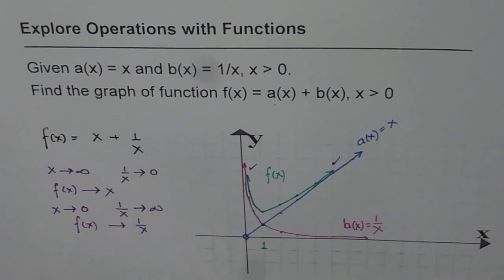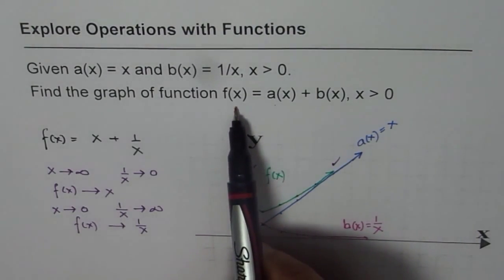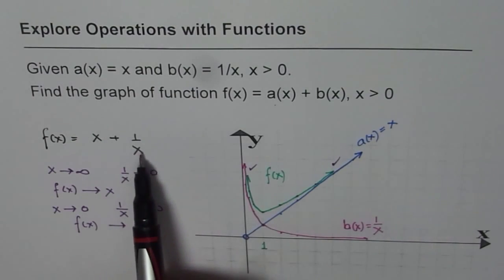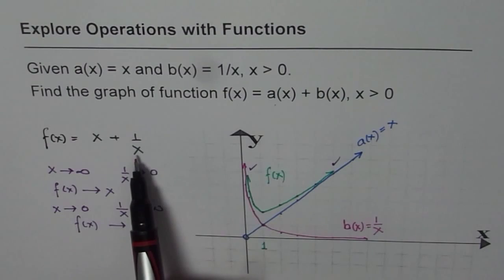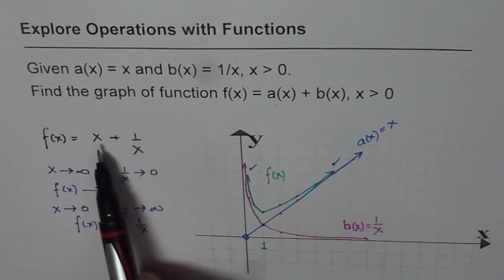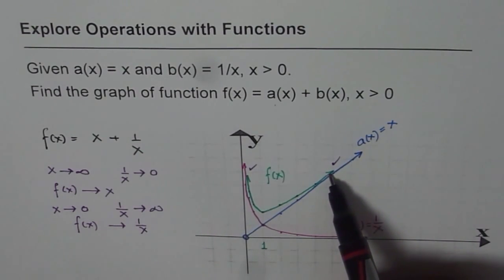So let us see how we have sketched this function. To start with, we know f of x is combination of a of x and b of x, that is linear function and reciprocal function. We observed that as x approaches a large value, 1 over x approaches very small value, and the function approaches x. That is this part.